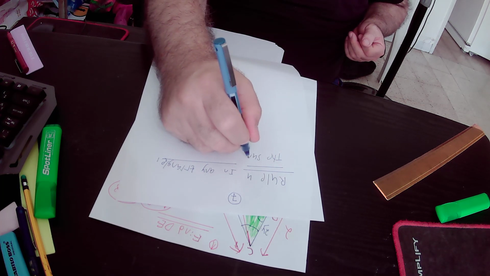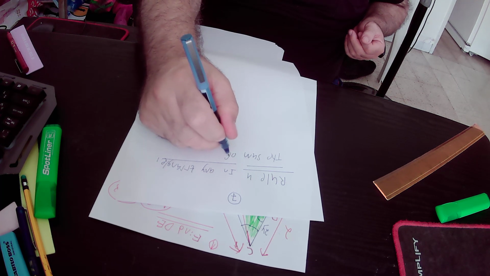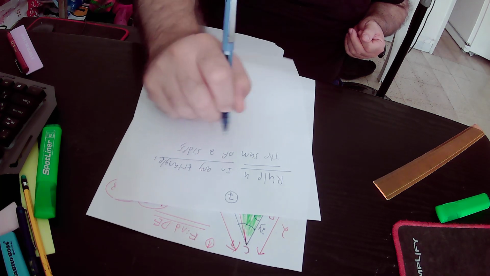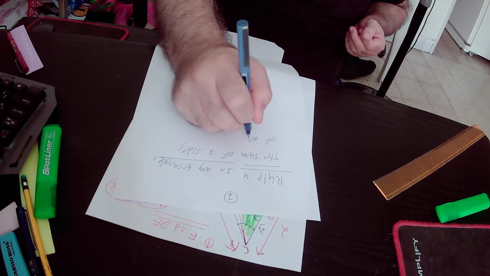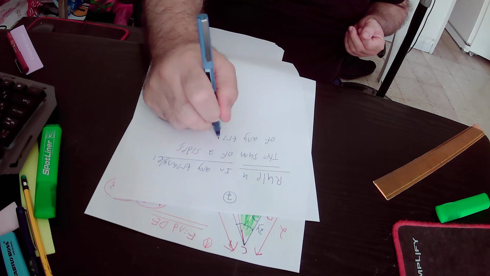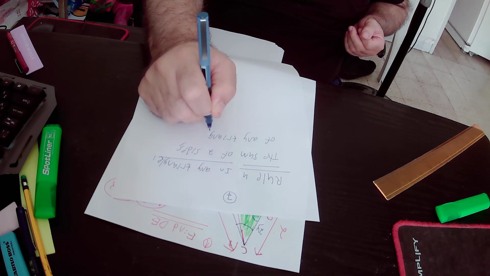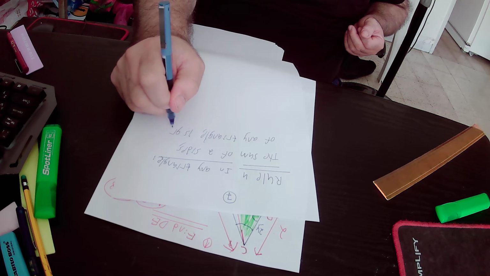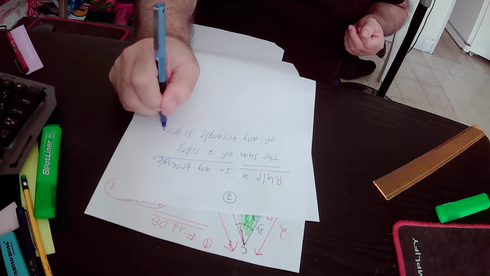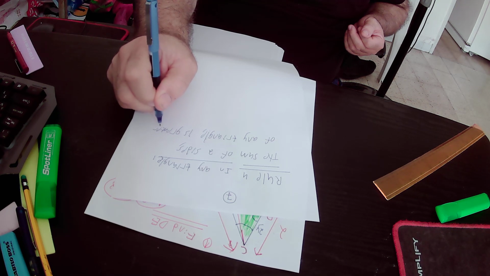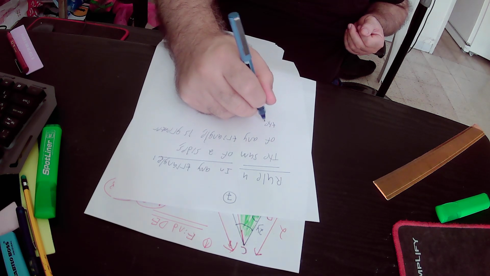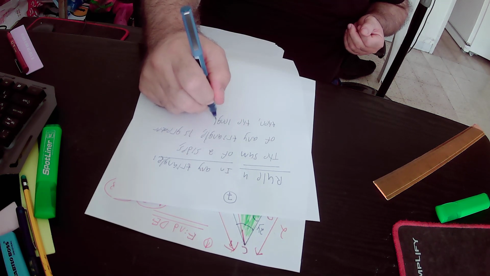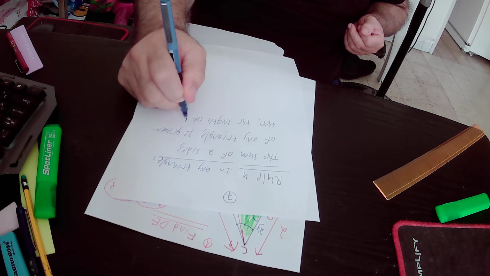The sum of two sides of any triangle is greater than the length of the third side.